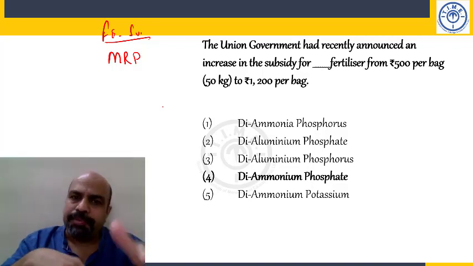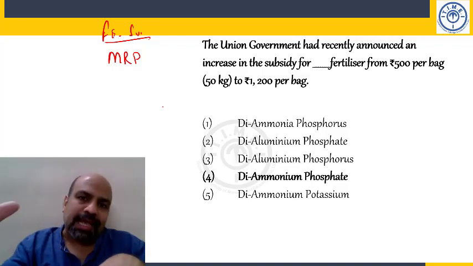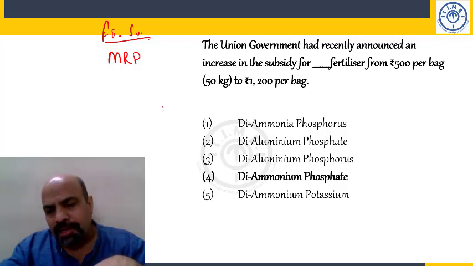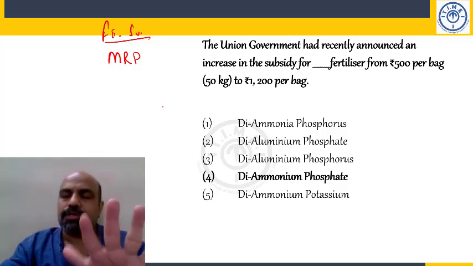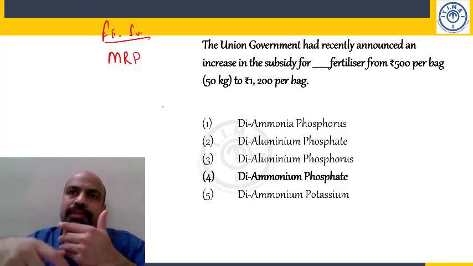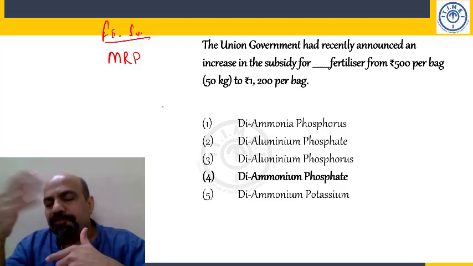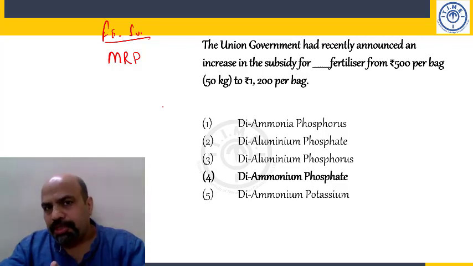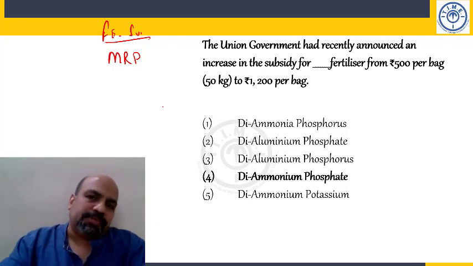Full stop. Let me repeat. Government fixes the MRP of urea sold in the market. Okay, full stop. The difference between the cost of production and the selling price is provided as subsidy.